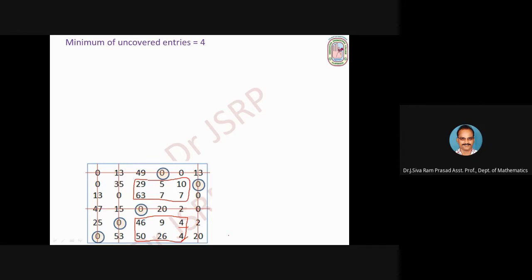So we have to find new possible assignments. For that, we subtract this minimum value from the uncovered entries and add it to the entries at the intersection of covered rows and columns.